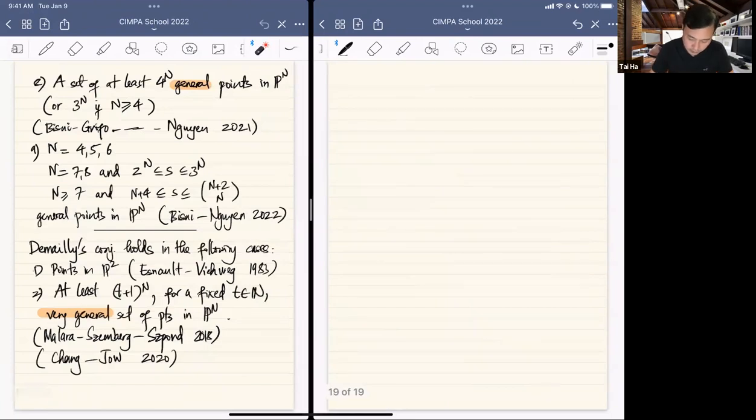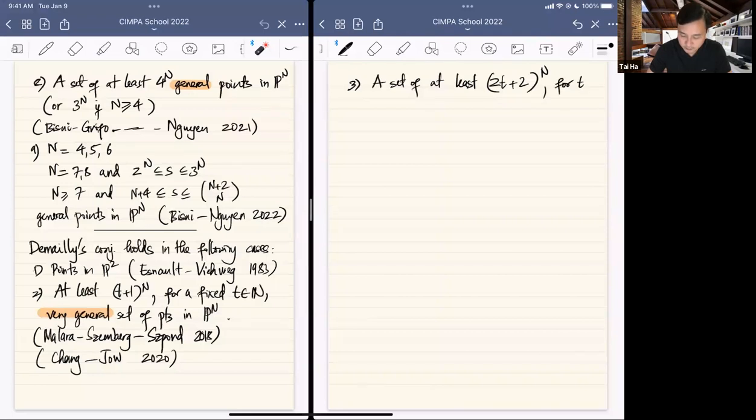And the next result is a set of at least 2t plus 2, so it's a little bit bigger than this, to the power n, again for a fixed t, general points in Pn.